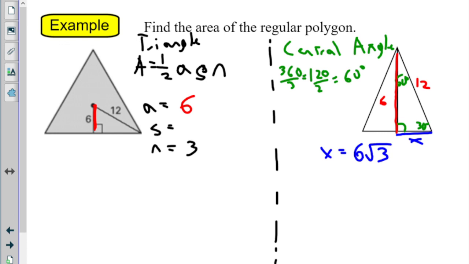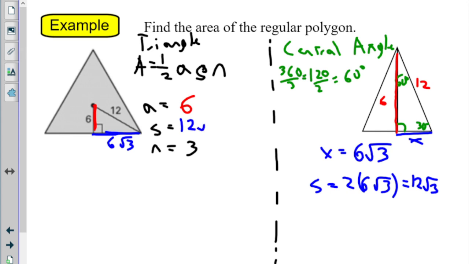Well, not quite. To get my side length, I'm actually going to take that 6 square root of 3 and I'm going to double it because that 6 square root of 3 is only this piece. So that'll be 12 root 3. So that's where it goes.